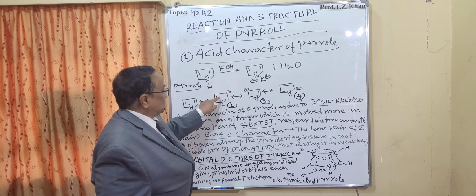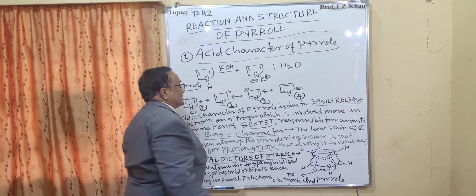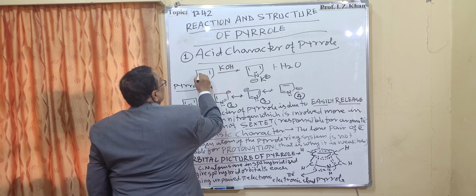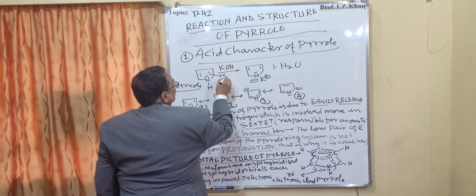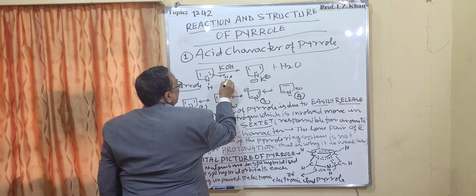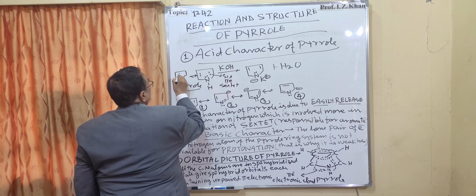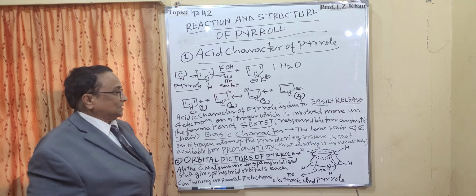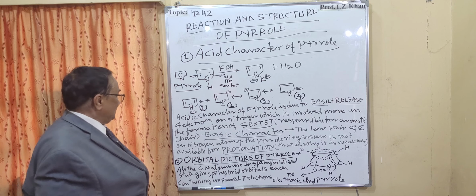Sextet means 2 plus 2 plus 2, so it becomes 6. Pi electrons are called a sextet, and its resonance will be like this. And because of the formation of the sextet, which is responsible for giving aromatic character to the pyrrole ring.